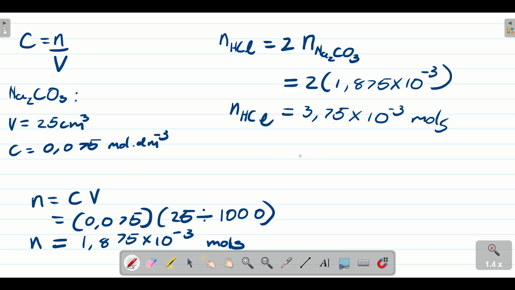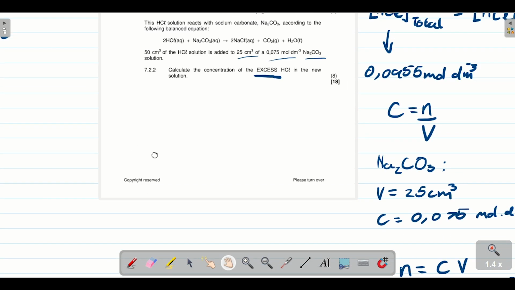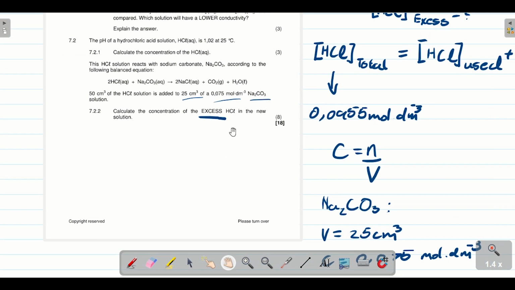So now we can go back to the formula for concentration. Since we now know the number of moles and we know the volume of the solution, which was 50 cubic centimeters, just to let you know, it was stated here, 50 cubic centimeters of the hydrochloric solution.